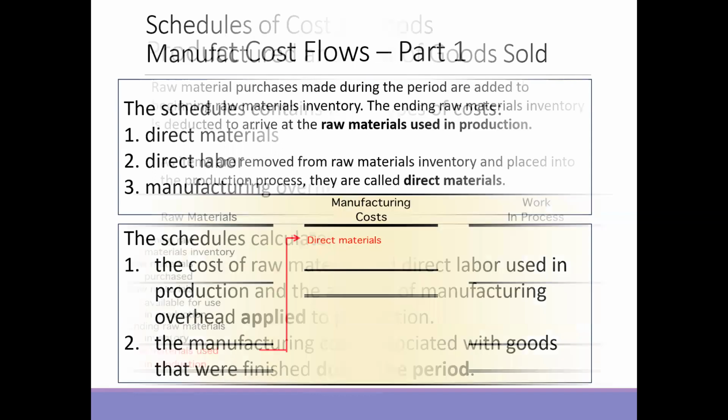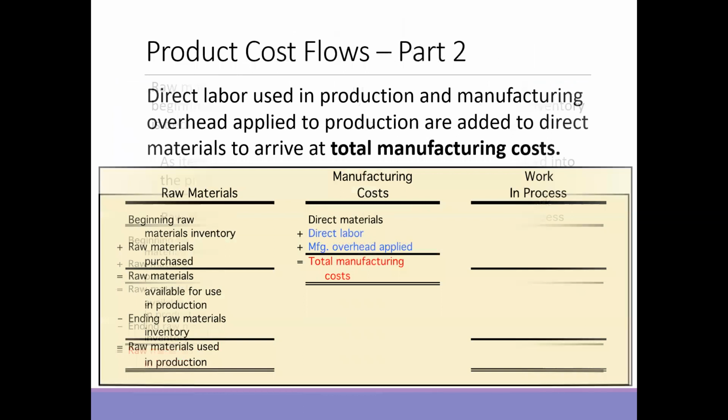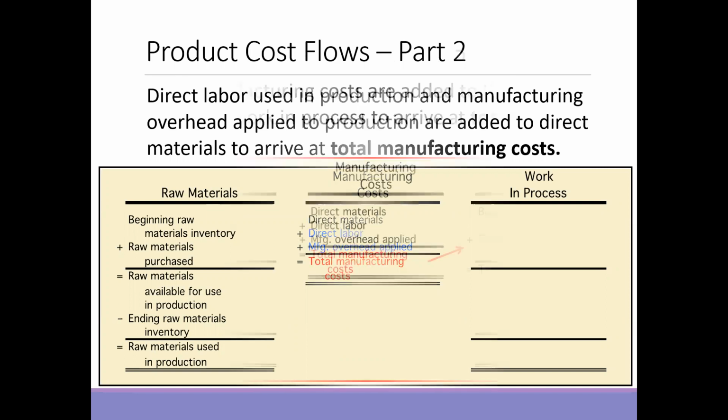Here, we're going to look at when raw materials are being used in production. That's a manufacturing cost, the raw materials. The direct labor is also a manufacturing cost, as would be what we apply to our manufacturing overhead. Okay, those are all the three manufacturing costs.